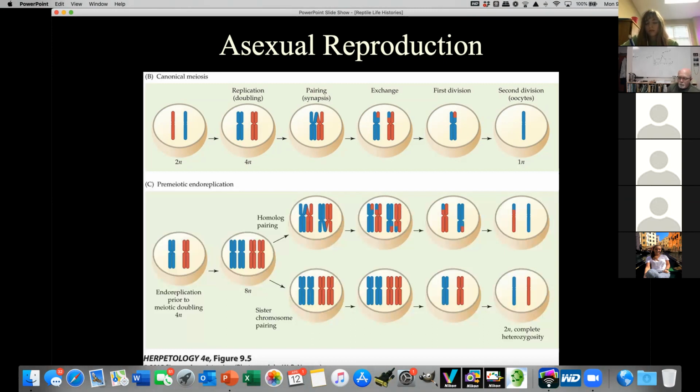And so the parent species is adding sperm to the female that is the parthenogenic species, but that parental genome never becomes incorporated into the developing offspring.